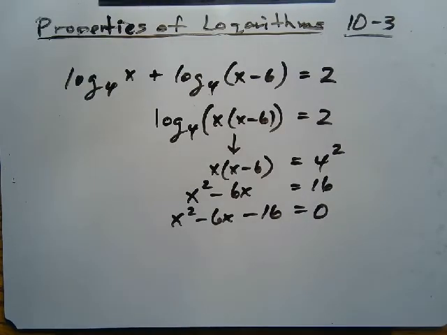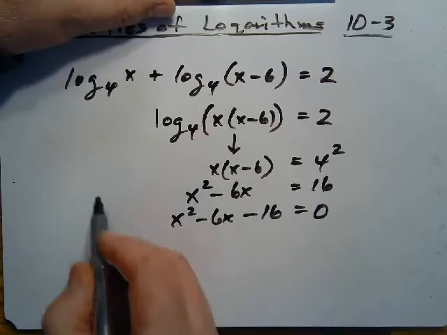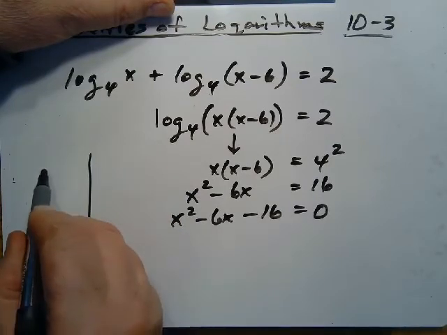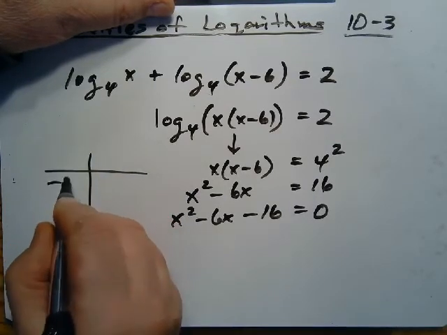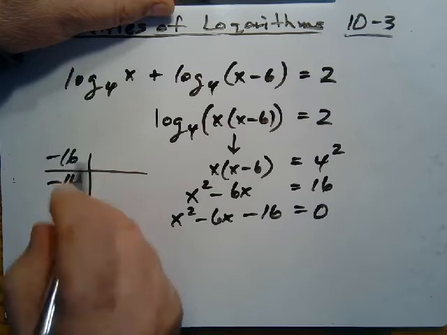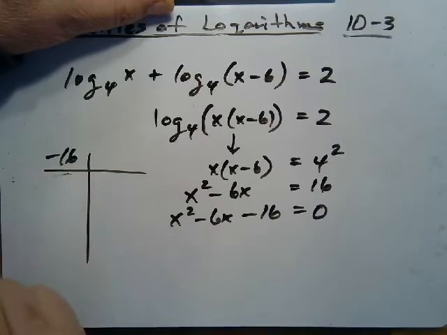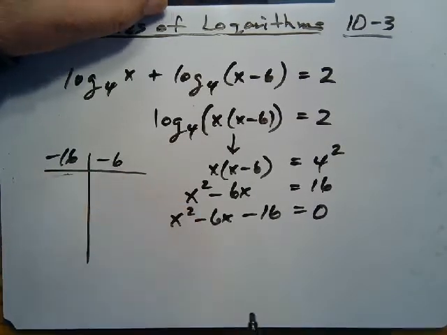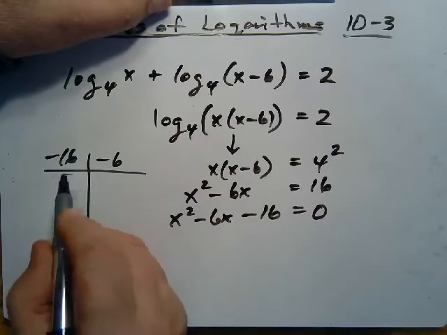Remember, you got to set it equal to 0 to solve the quadratic. Now, we've got that product sum game. What two numbers will give me negative 16 when I multiply, and negative 6 when I add? Well, let's see here.